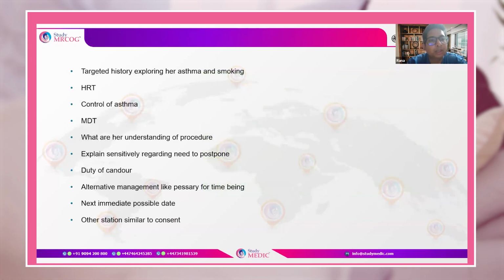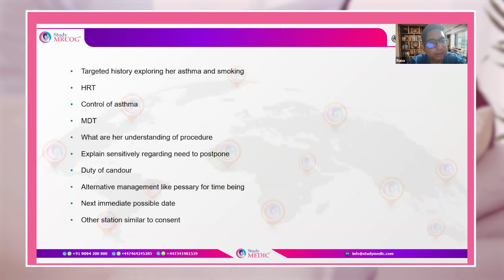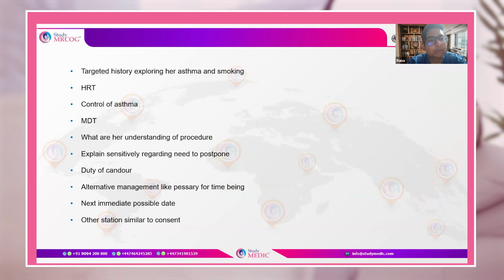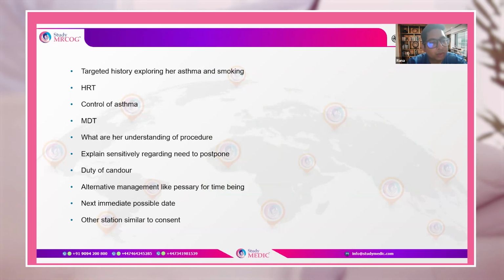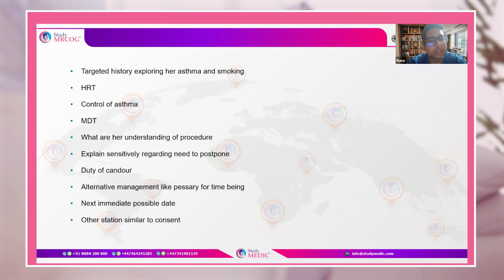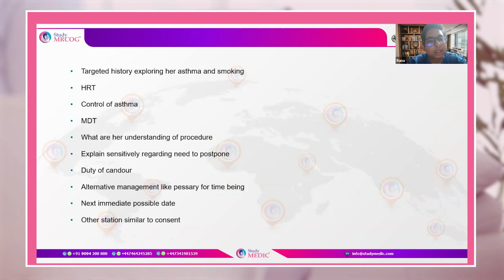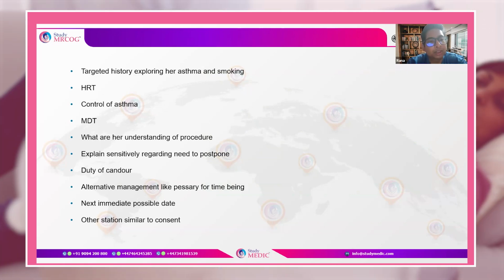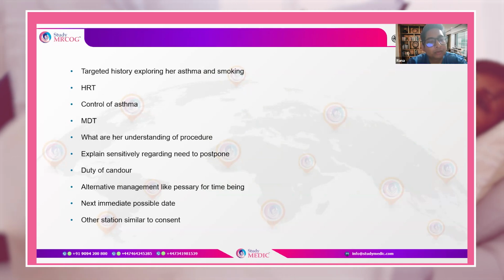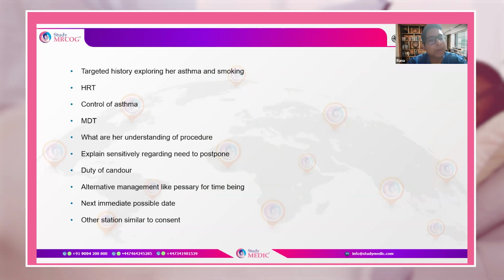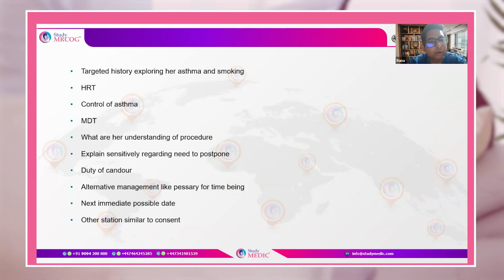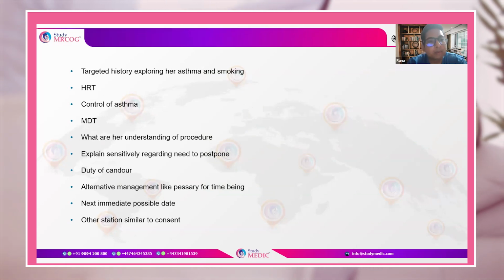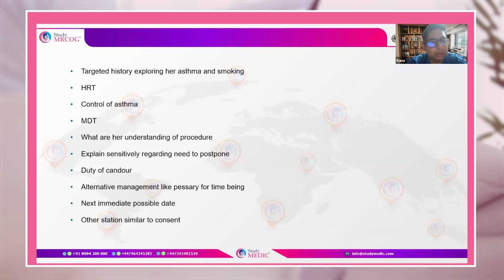So the key points here will be a targeted history where you need to explore risk factors like asthma, smoking, whether she is on HRT, how much she is smoking, whether she is able to stop smoking before the operation, and whether her asthma is in control or not. If not controlled, you need to consider a referral to your colleagues as well.